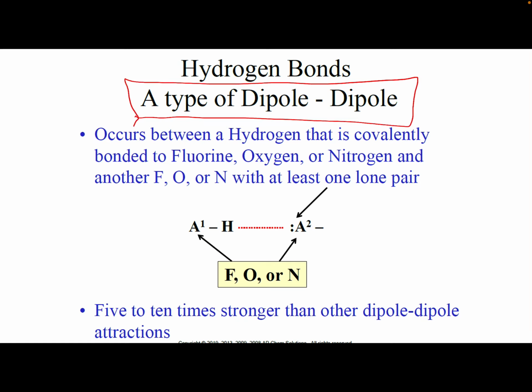And so the thing to remember about hydrogen bonds, it's going to occur between a hydrogen that is covalently bonded to fluorine, oxygen, or nitrogen. Only those three. And another fluorine, oxygen, or nitrogen with at least one lone pair. It is 5 to 10 times stronger than other dipole-dipole interactions. So it's kind of a big deal, okay?